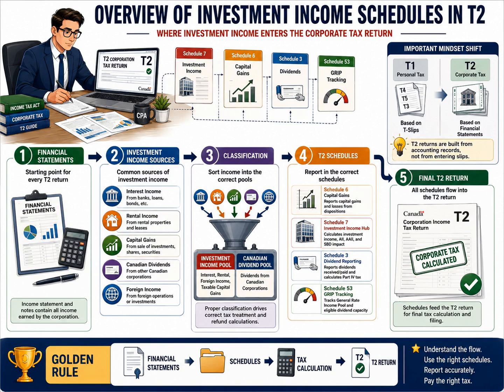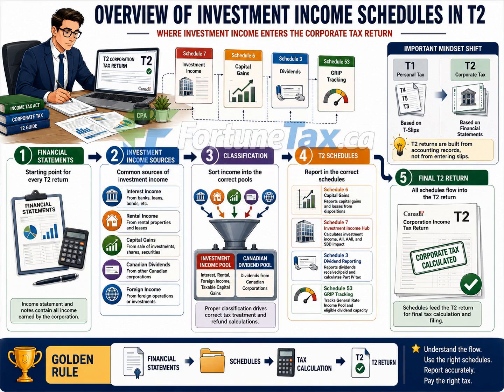At the bottom of the slide, you'll see the golden rule for investment income reporting. The process always follows the same sequence: financial statements, then schedules, then tax calculation, and finally, the T2 return.